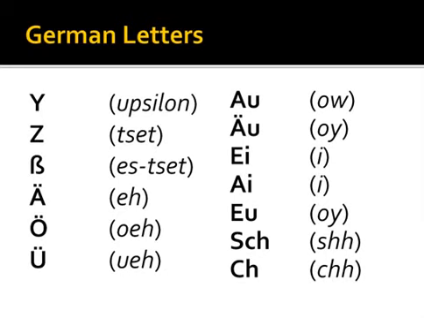Now the other ones in the right-hand side of the column are common vowel and consonant combinations that you'll find in German. Au, Ei, Eu, Sch, and Ch. The last one is, I think, fairly difficult to describe.